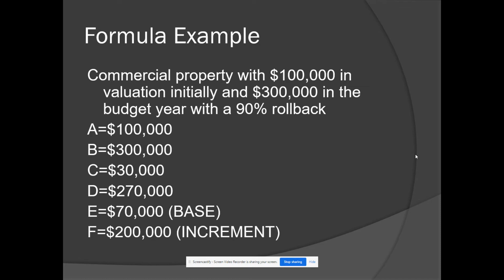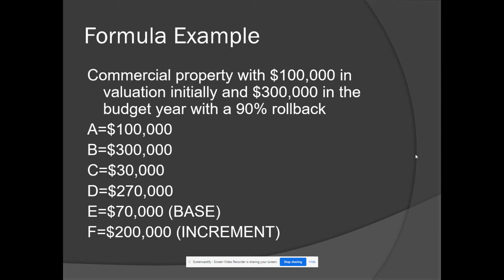Say 2 or 3 years later, the budget year value is $300,000 with a 90% rollback. So A, of course, is $100,000. That's our frozen base. B is the 100% value a couple years later in the budget year, the year that we're calculating for. In our example, it's $300,000.